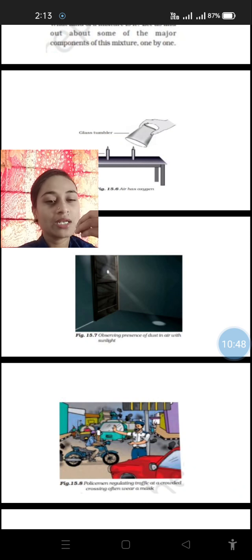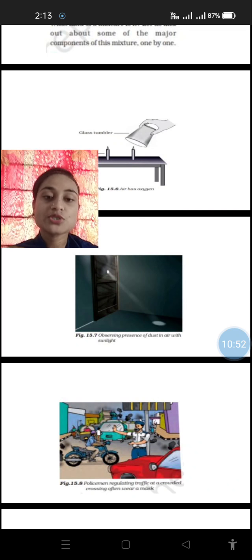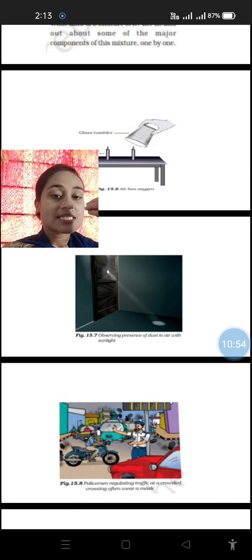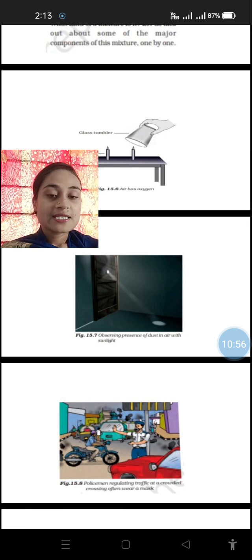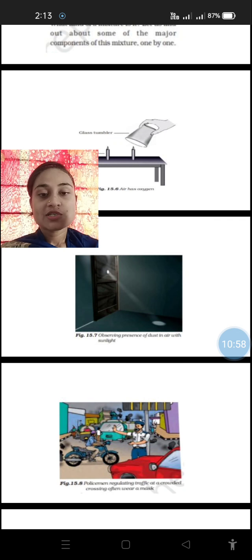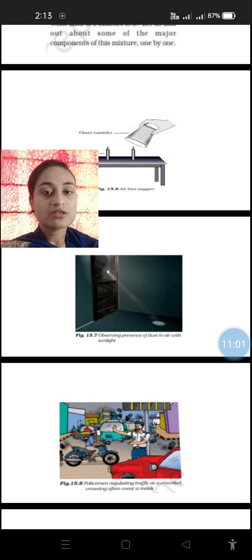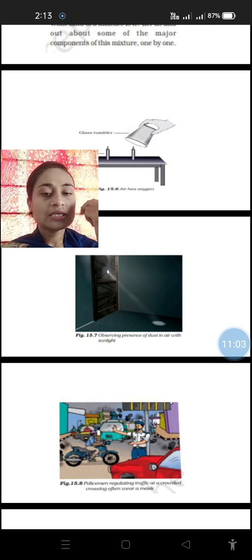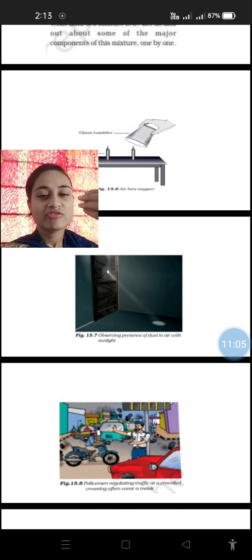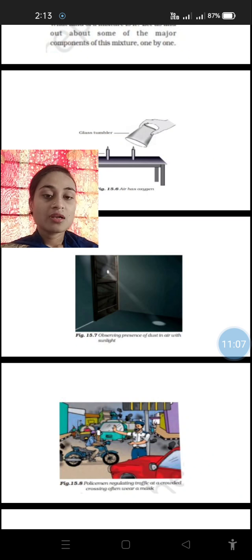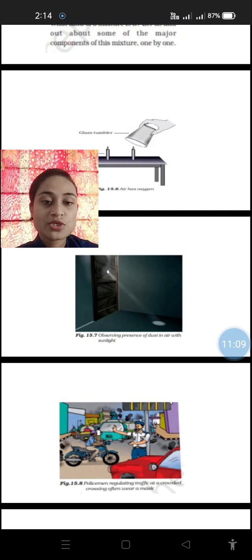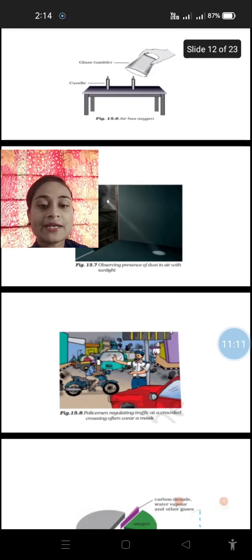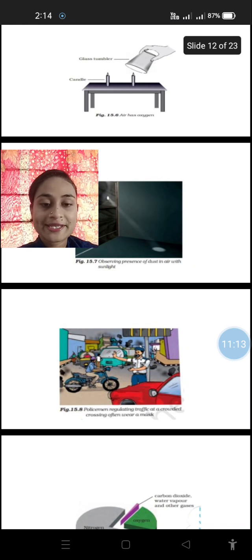To see them we need scientific equipment, such as microscopes for seeing small particles, but for seeing dust there are also many other equipments which can help us. Now let's move towards our next PPT.